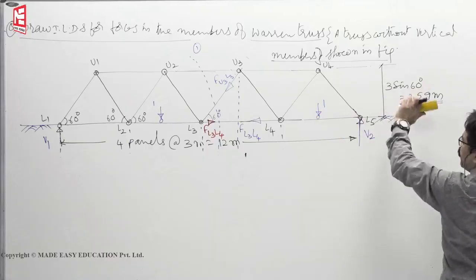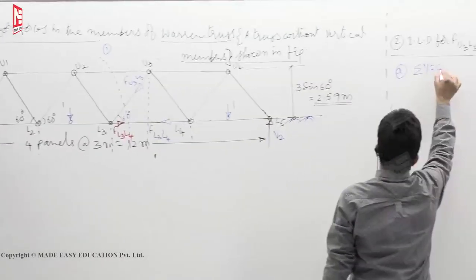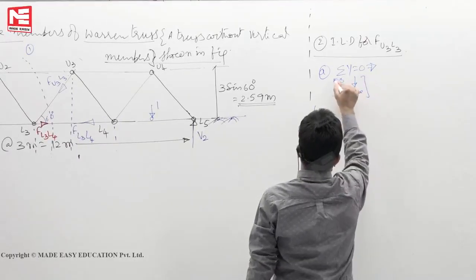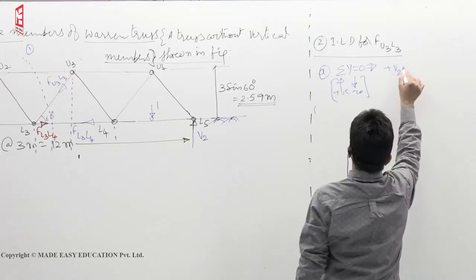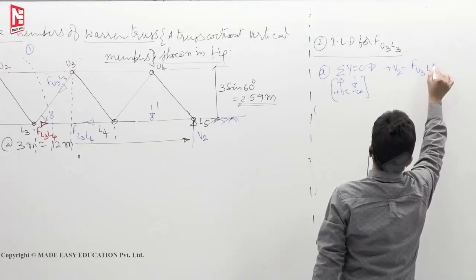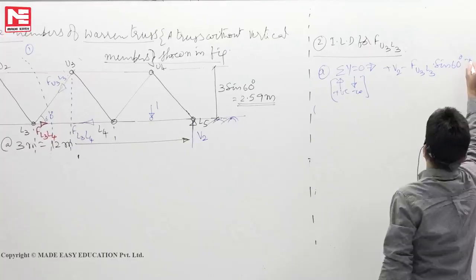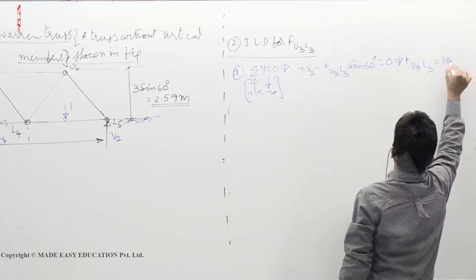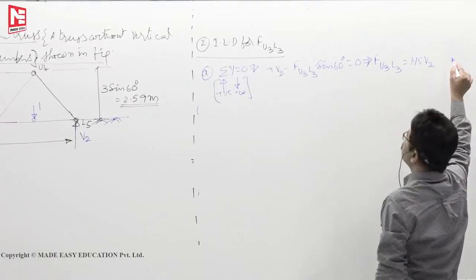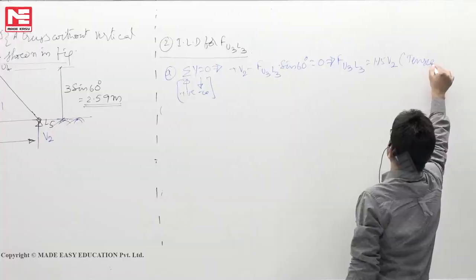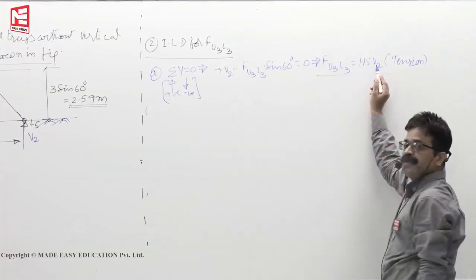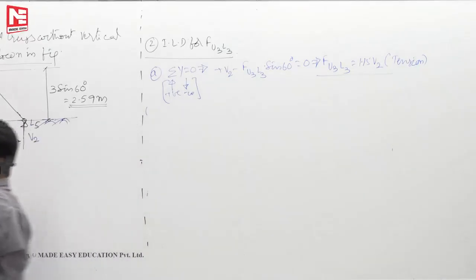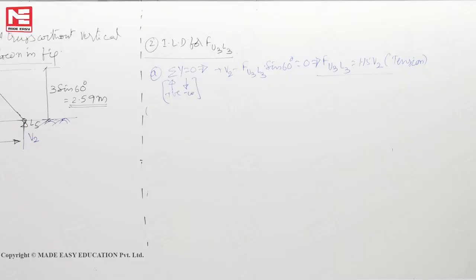Cut, load is left, look right side, sigma y equals 0. Upward force is positive, downward force is negative. Plus V2 minus FU3, L3 sin 60. So you will get FU3, L3 is equal to 1.15 V2. Arrow mark is away from the joint, so tension. So draw ILD for 1.15 V2 and consider between L1 and L3 only, like this.